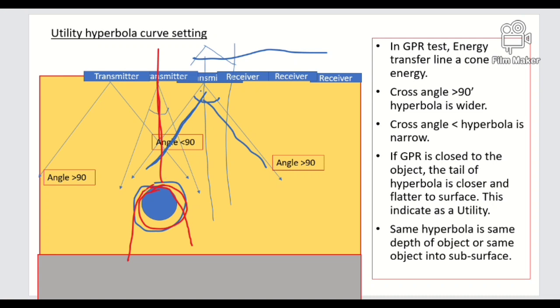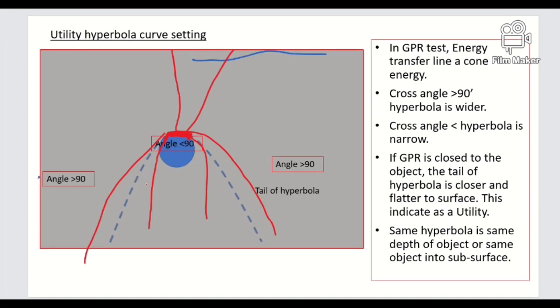Also, the hyperbola tail indicates the utility distance.